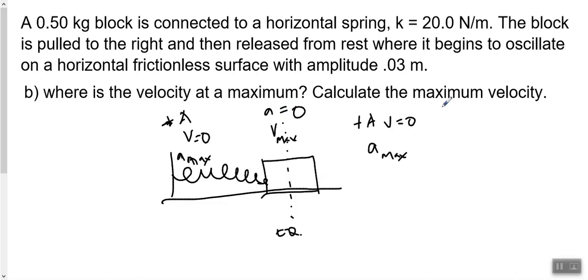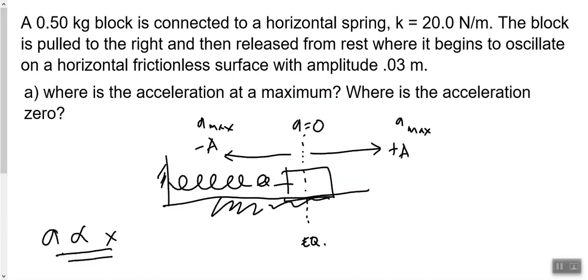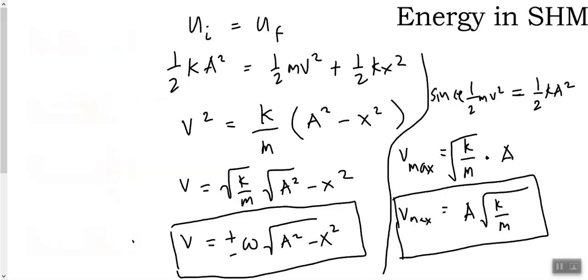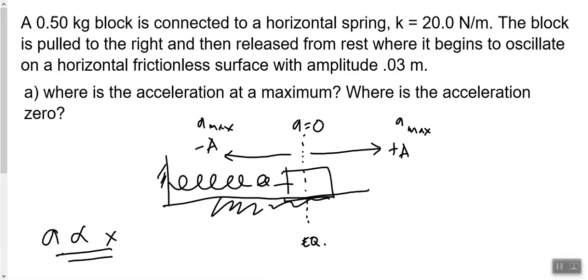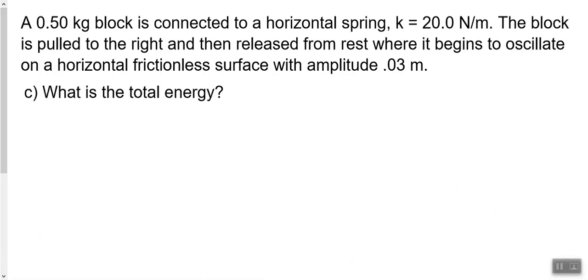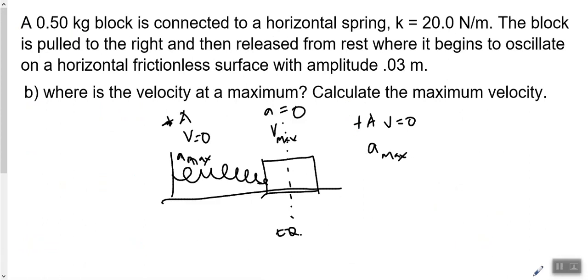So how do I calculate the maximum velocity? We could go back to the equation we derived a while ago. You could use this equation for velocity. Let's choose that, or we can use this or this one. I'll pause and give you time.